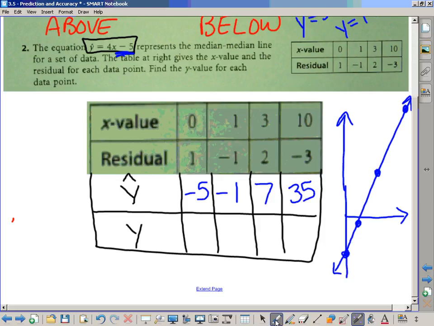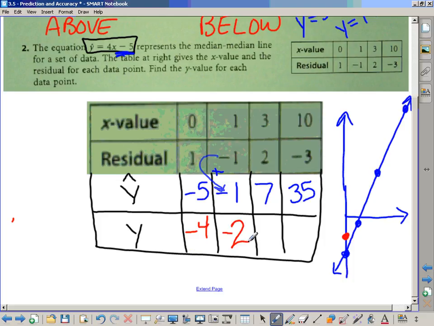So you would have 0, comma, negative 4. So the actual y value would be negative 4. It lives 1 unit above the line. The easy way of thinking of that is, what's 1 plus negative 5? Negative 4. What's negative 1 plus negative 1? Negative 2 should be the next one.